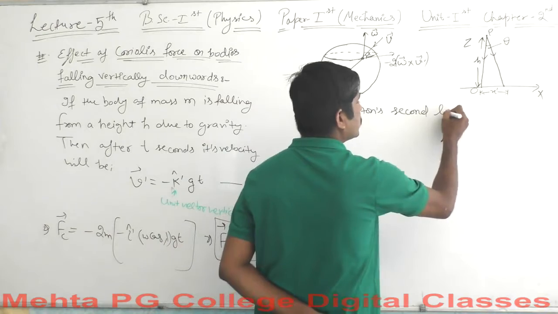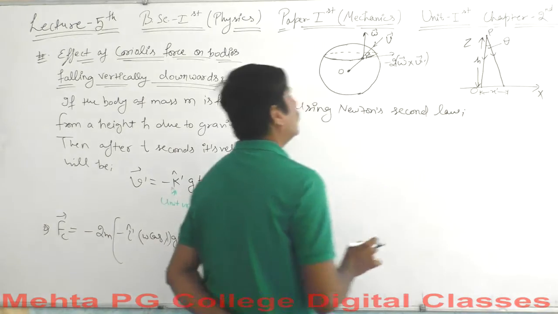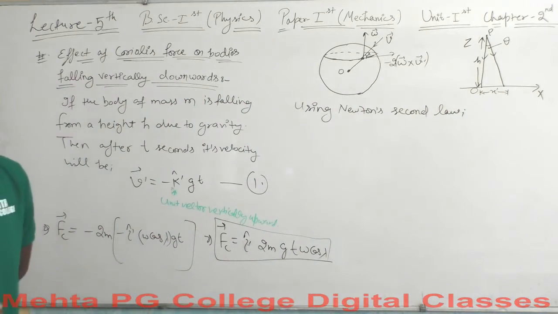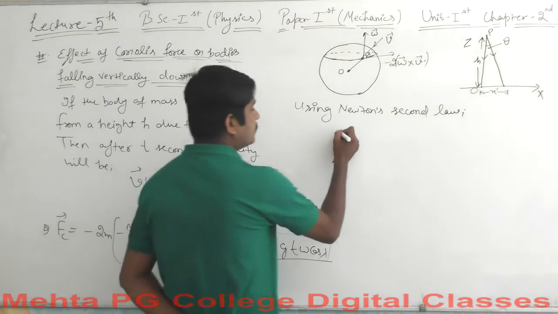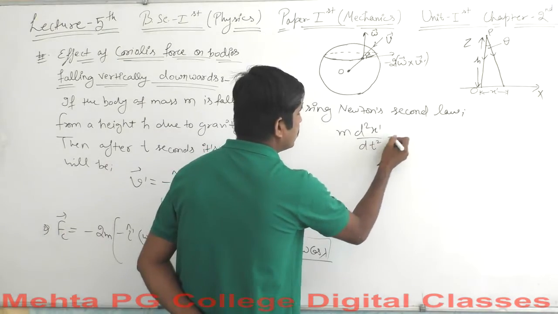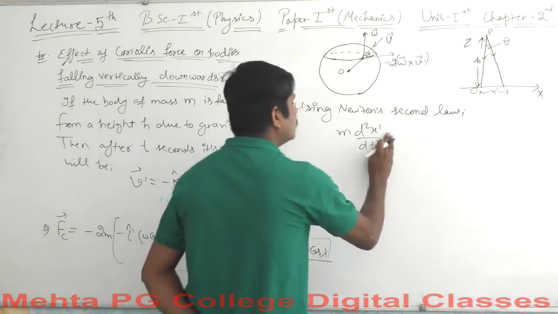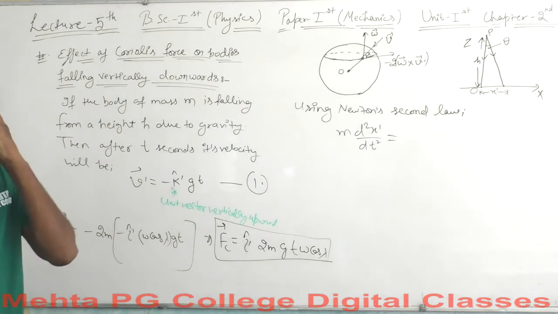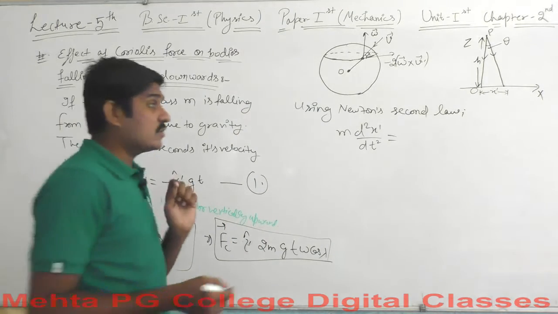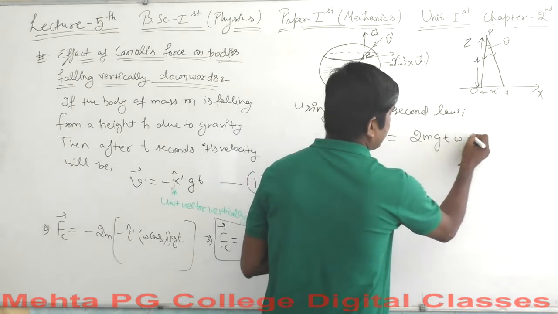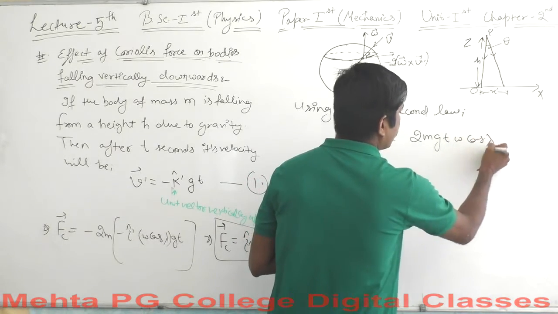Using Newton's second law, we will end up having m d2x dash over dt square equals 2m g t omega cos of lambda.